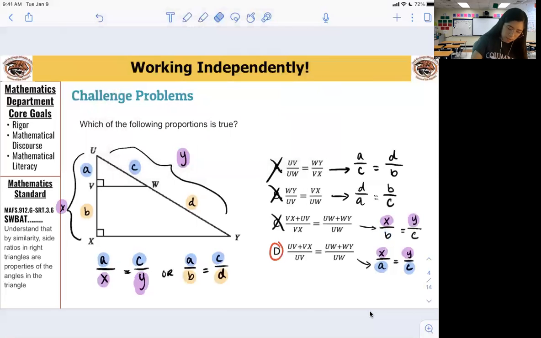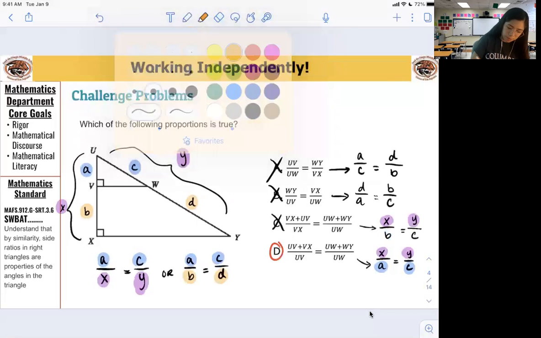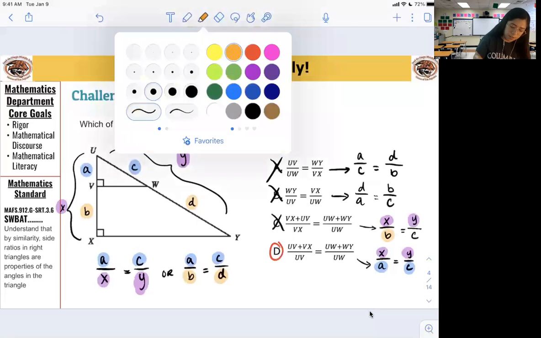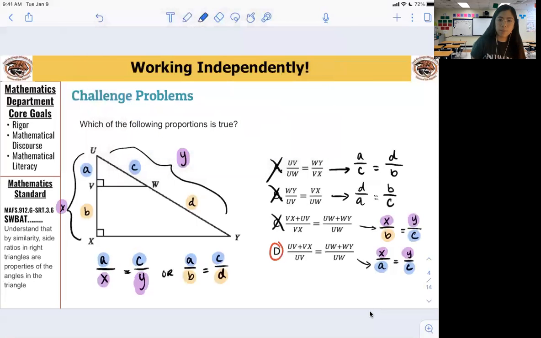These colors are actually really helpful for me right now to visualize it. So they mixed the colors up in this example. In A, they did A over C and then D over B, but they had it in the wrong order. If they had done B over D, that would actually be correct.